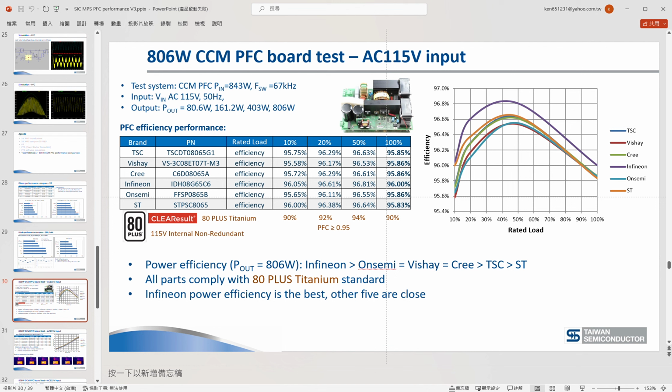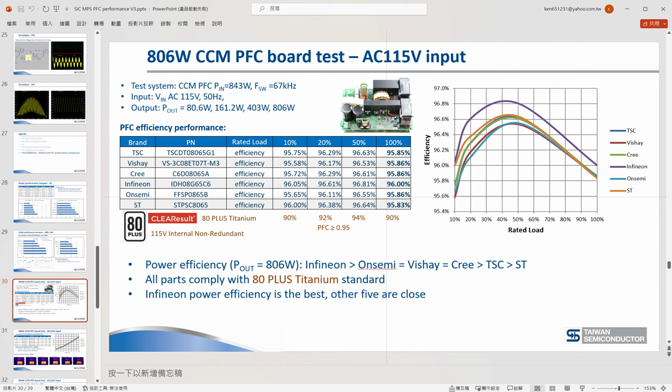And we take these 6 samples to test the PFC system board at 106 watts. The first condition, we input the voltage of 115. We apply the load at 10%, 20%, half load, and full load. And we use the 80 Plus Titanium criteria to examine if they satisfy or not.